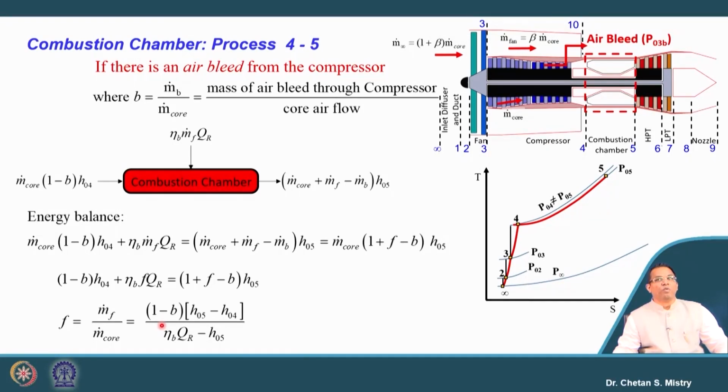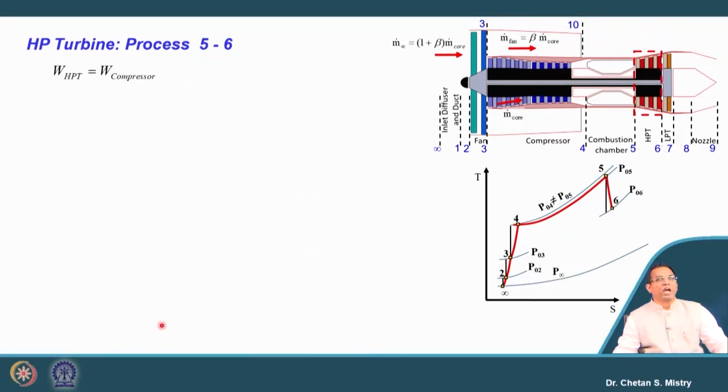Now, the next component we have is our turbine. Again, be careful what configuration is given to you. Here it is written that this HP turbine is used to rotate only the compressor stage. If that is the case, we can write down our work balance. In this case, we are not considering anything in terms of bleeding, so my formulation will be m dot core into (1 plus F).